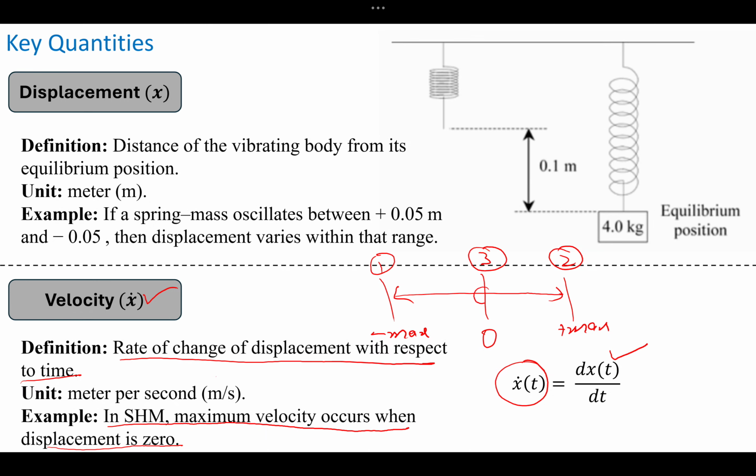The maximum velocity will occur at the mean position, and at the two extremes the velocity becomes 0; the body comes to a stop and then returns. So it is a simple mass spring damper system.